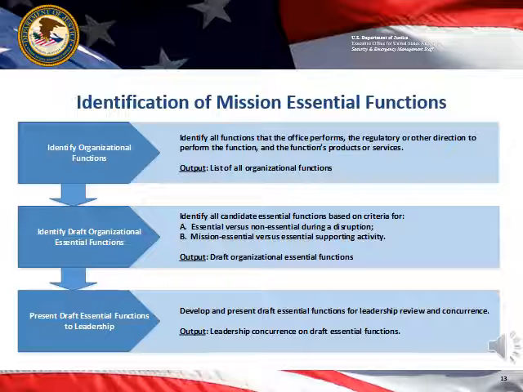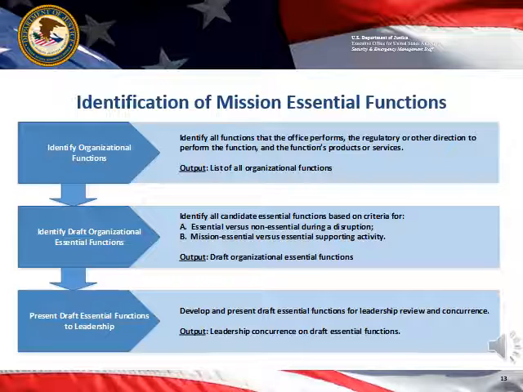In Step 1, an organization identifies and lists all primary organizational functions that support the department's or agency's mission. As part of this step, an organization may review and validate existing organizational function lists as appropriate.